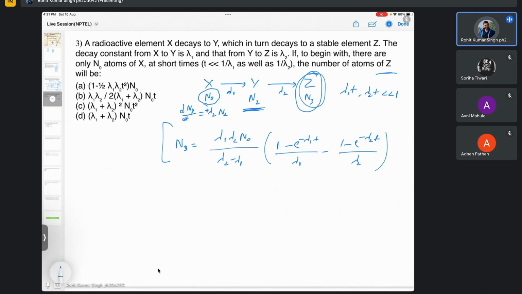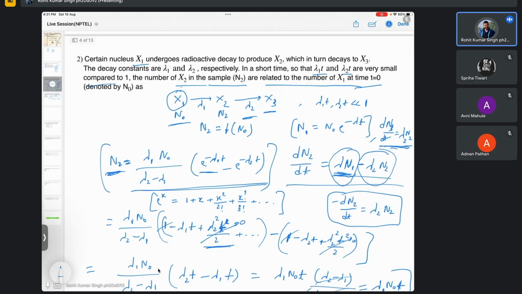Obviously, because we have two differential equations, and solving the first one gave us n2, which depends on only n0, and then when you solve the third one you will put n2 there, so obviously this intermediate one goes away.